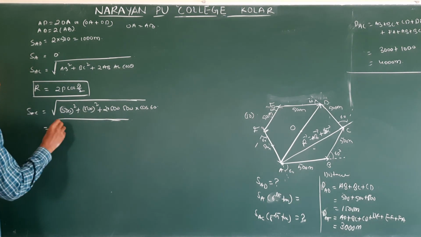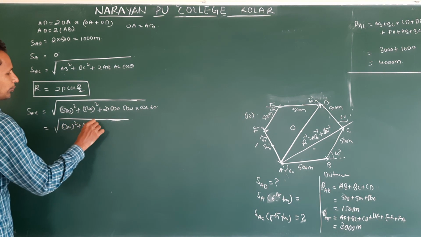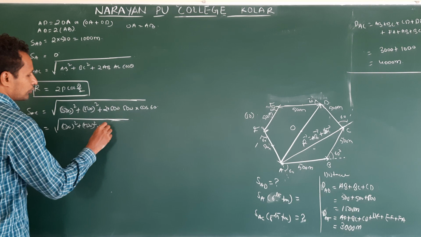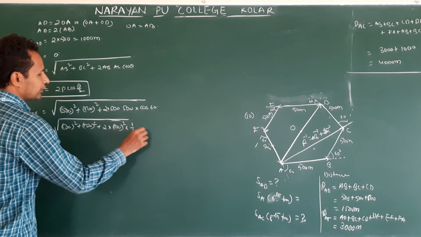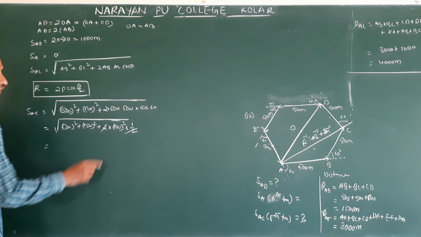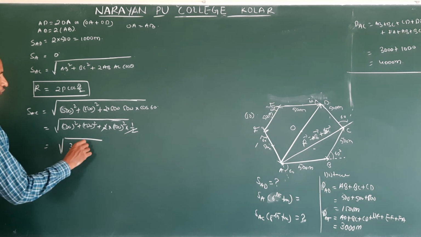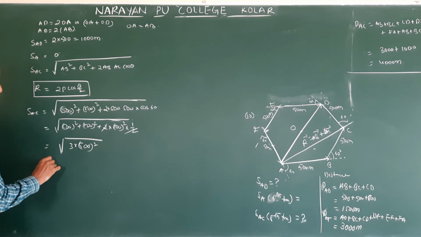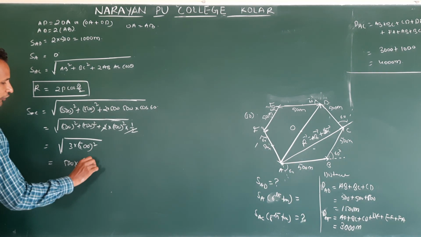This we will write: 500 square plus 500 square plus 2 into 500 square cos 60. Cos 60 is 1 by 2, the 2 cancels. So 500 square, 500 square, 500 square. How many 500 squares are there? 3 into 500 square. So the square root is 500 into root 3 meters.